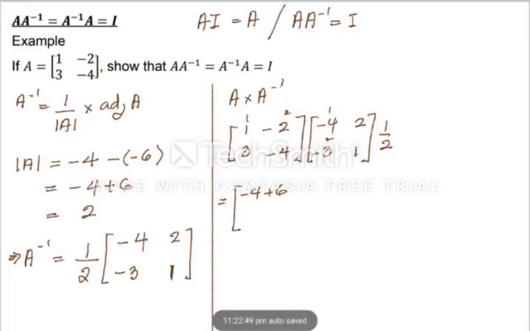So let's multiply the top row by the left column. Now we're going to multiply the top row by the right column. So it's 1 times 2, which is 2, and minus 2 times 1, which is minus 2.